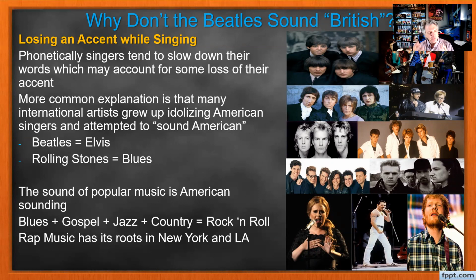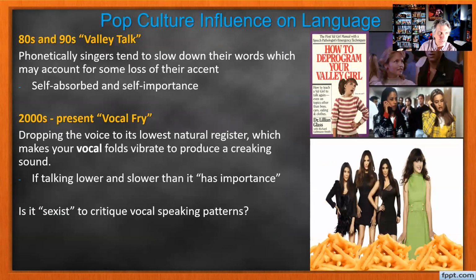You combine it all and it makes rock and roll. Rap music has its roots in New York and LA, but you hear a rapper from Australia, suddenly she's sounding all South Central, because they're trying to sound like these popular people. So again, the way that we sing is sometimes enunciated differently than the way that we talk.